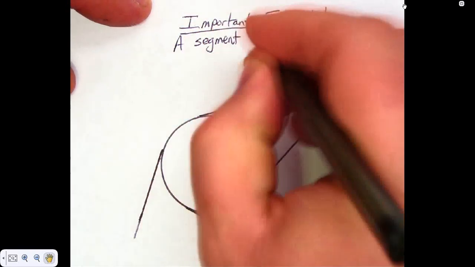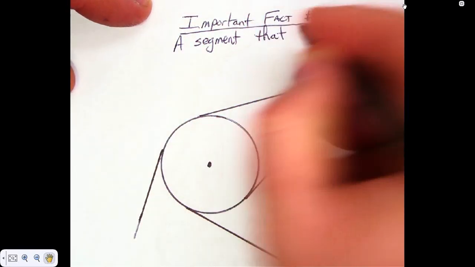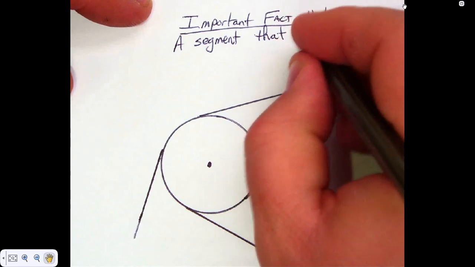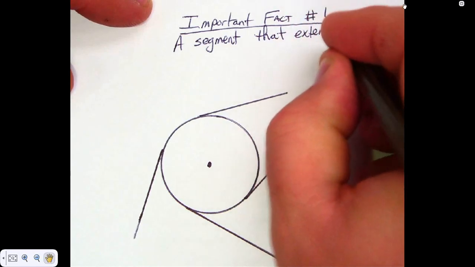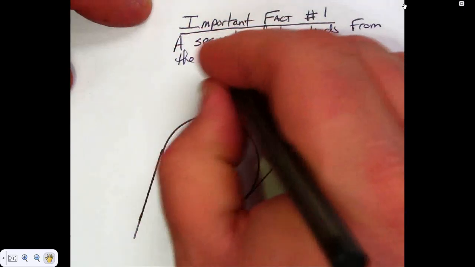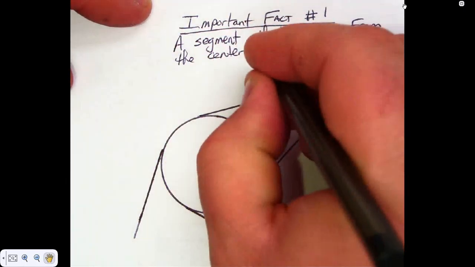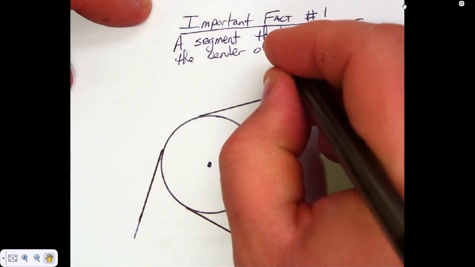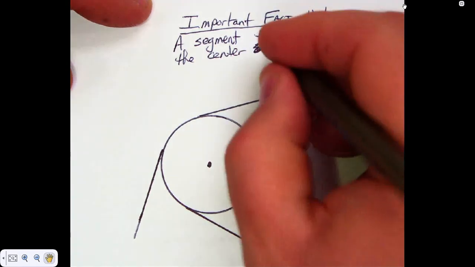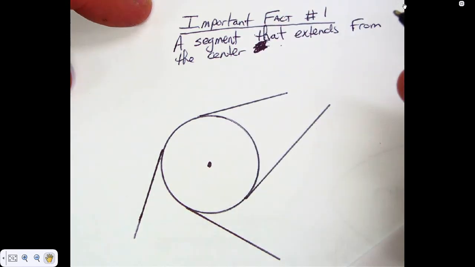A segment that extends from the center, or I'm just going to say center. We know we're talking about the center of the circle, don't we? Do I need to write anything else?